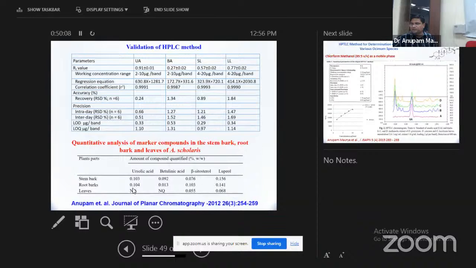In leaves, ursolic acid and betulinic acid were not detected, but there is a nominal amount of beta sitosterol, 0.05%, and 0.68% lupeol. This study was also published in the Journal of Planar Chromatography.